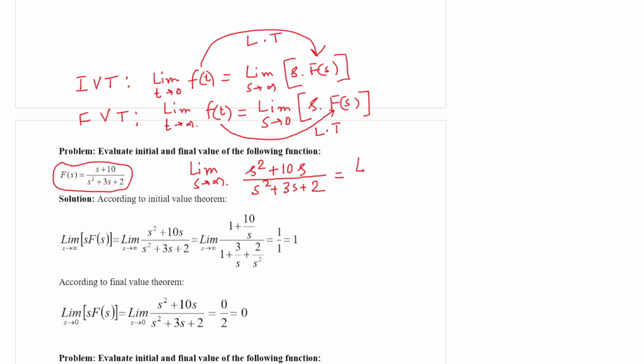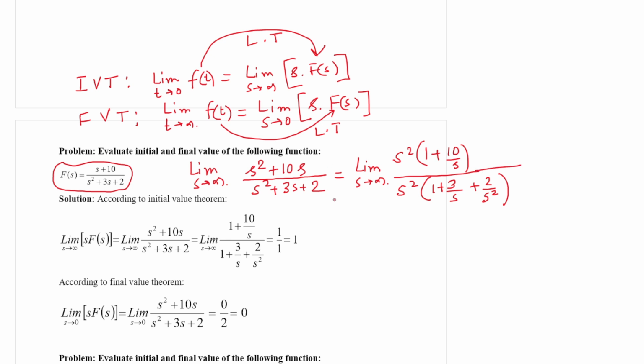So we have limit s tends to infinity. If you take s square common from both numerator and denominator, it will be 1 plus 10 by s, and from the denominator, 1 plus 3 by s plus 2 by s square.